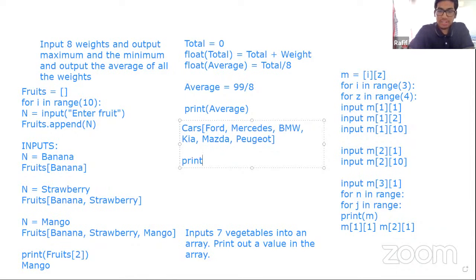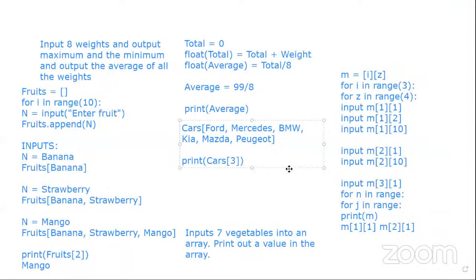So when you print, you want to print something from the array cars, okay? You got to do the square brackets. And let's say I want to print the third data value. What would that print? Because remember, it's 0, 1, 2, 3, 4, 5.